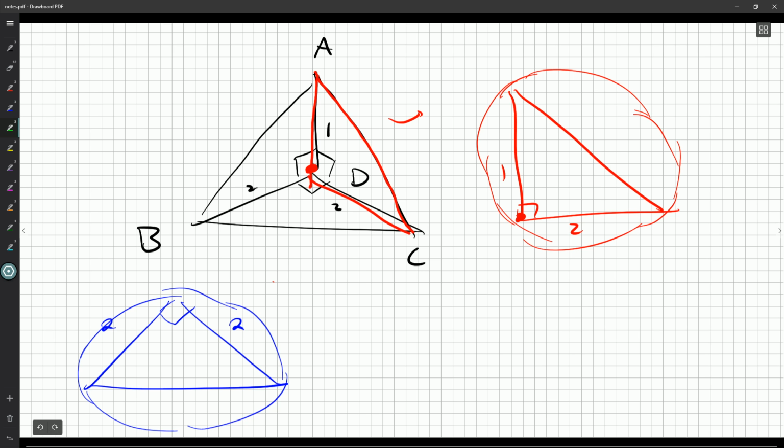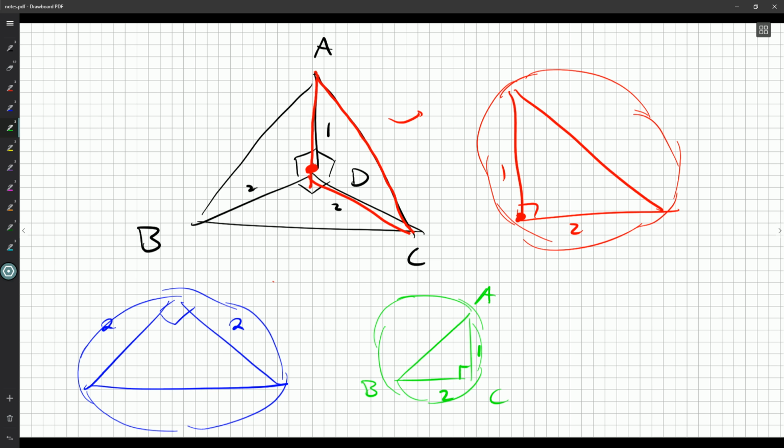And then if you looked at the other side, you'd get A, B, and C, and you'd get 1 and 2 again. But how these circles might help me figure out the radius.